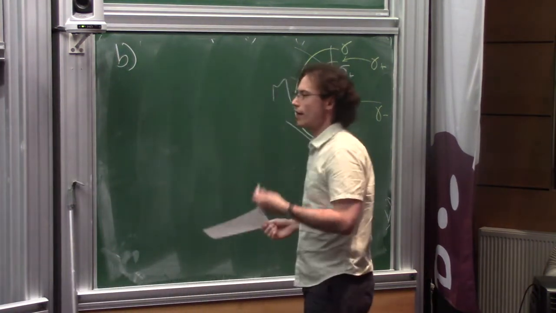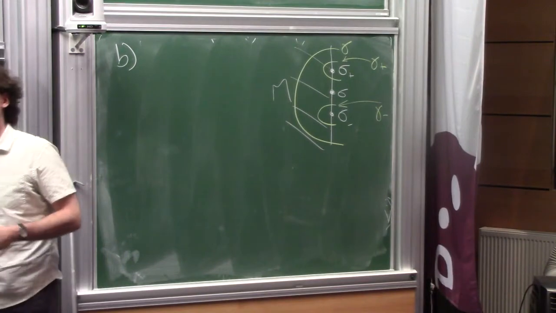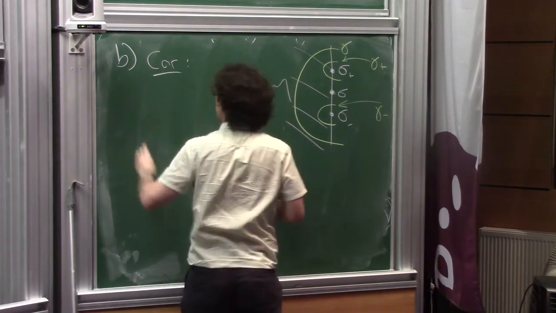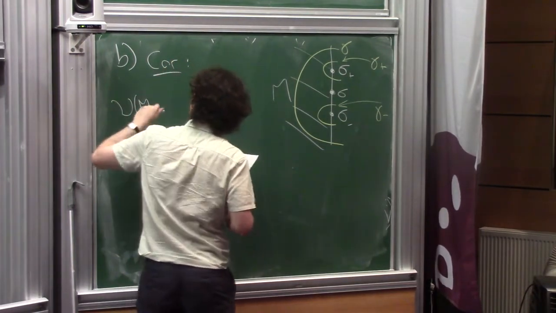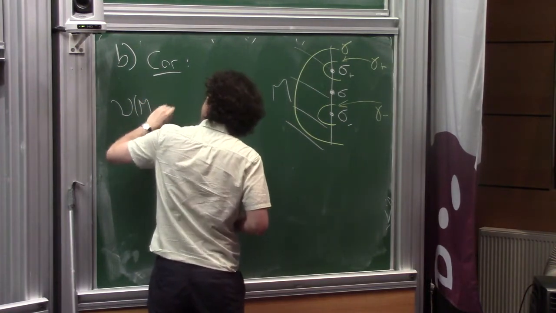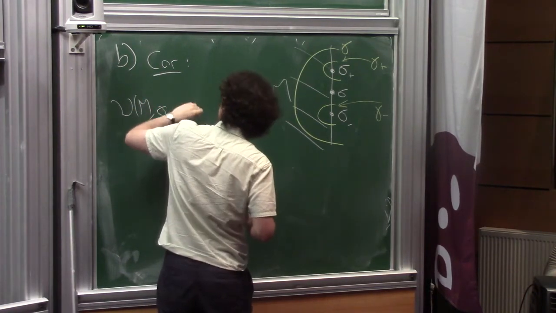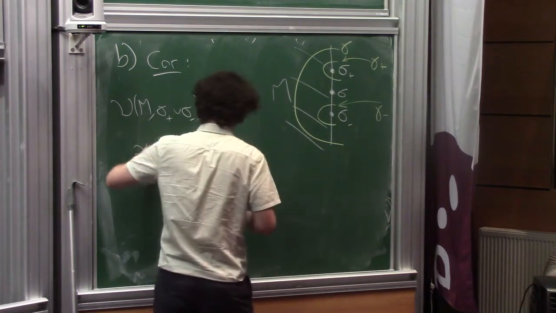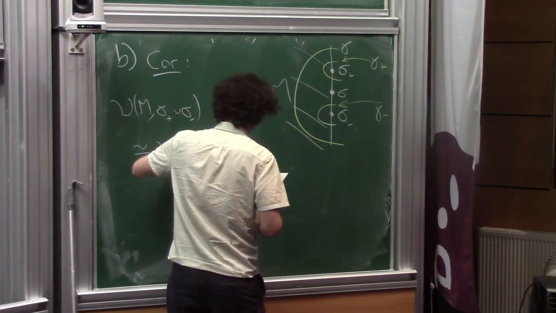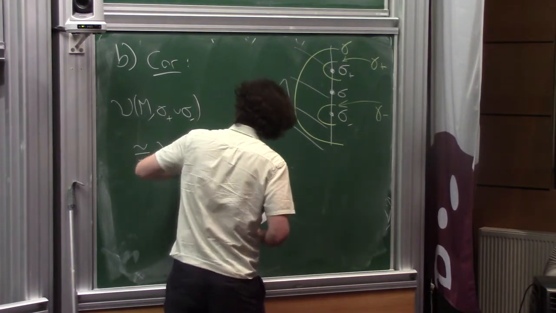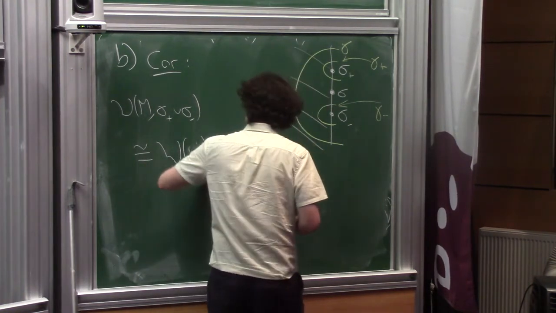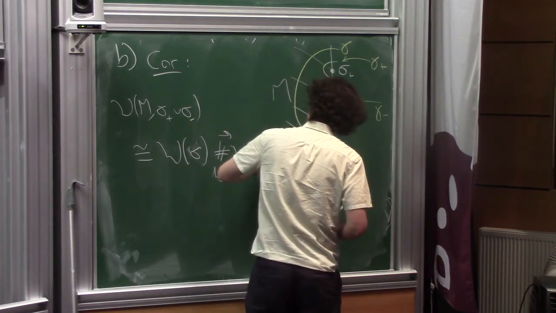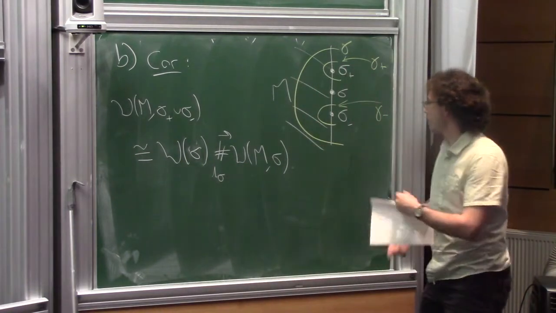As a geometric corollary to the stop removal, W of sigma plus union sigma minus is equivalent to some gluing of categories: W of sigma, glued via I sigma in that direction to W of M sigma.